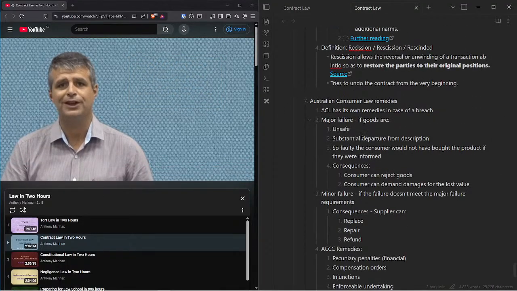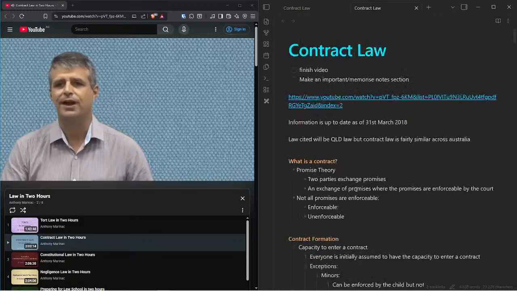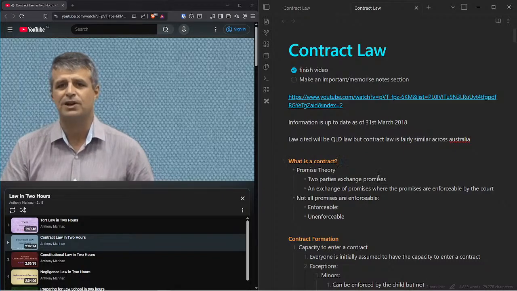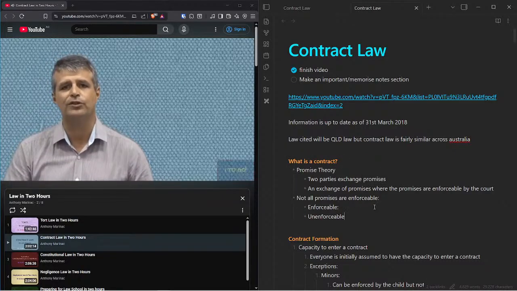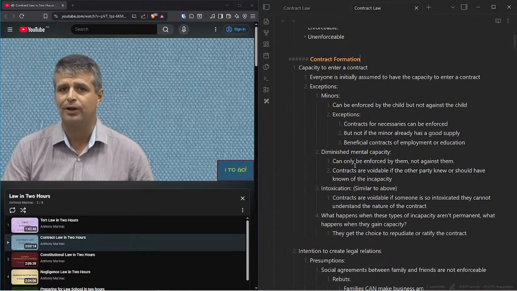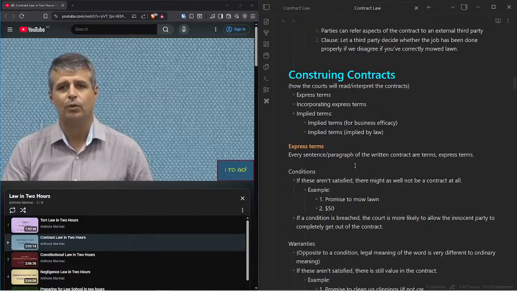Oh my goodness, here we are. We've looked at how a contract is formed by two or more parties with capacity, who intend to create legal relations, who have offer and acceptance, who give consideration, and whose contract is sufficiently certain and complete. We've looked at express terms, including exclusion clauses and unwritten express clauses. We've looked at implied terms, whether they're implied to fill in gaps in a contract or whether they're implied as a matter of law.